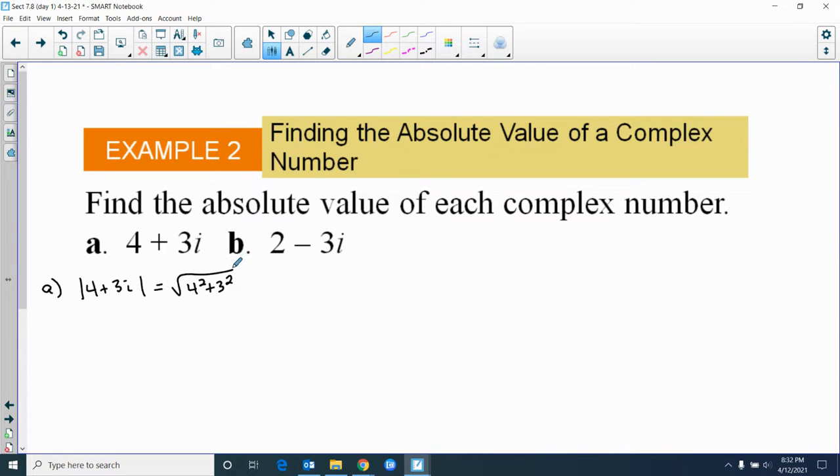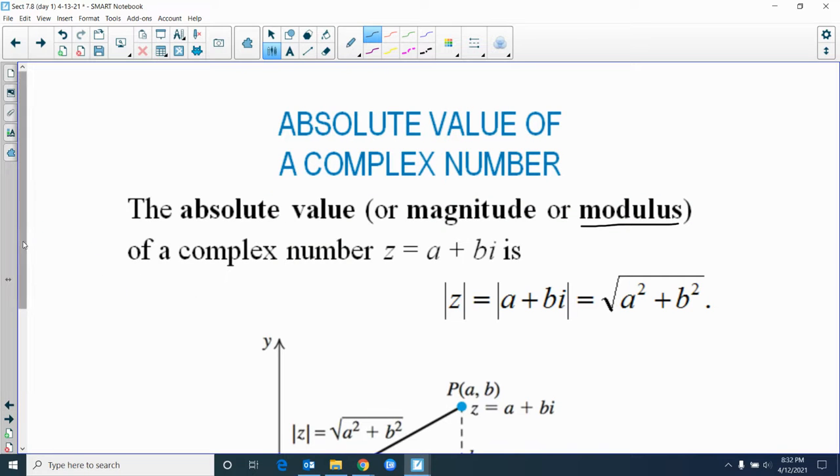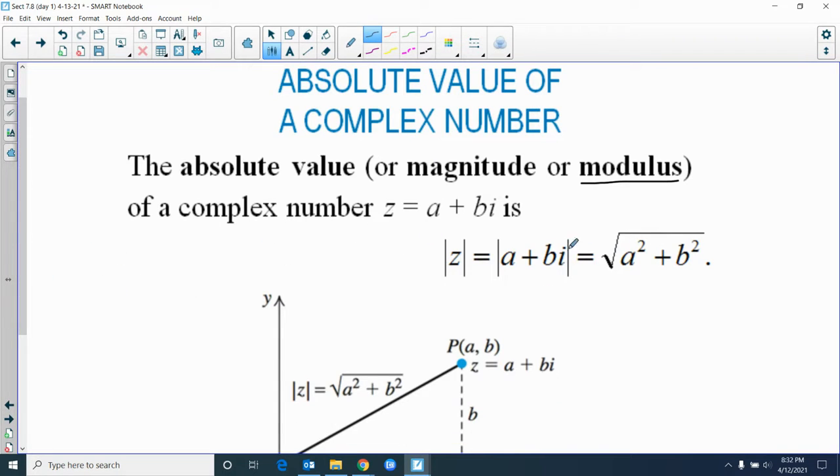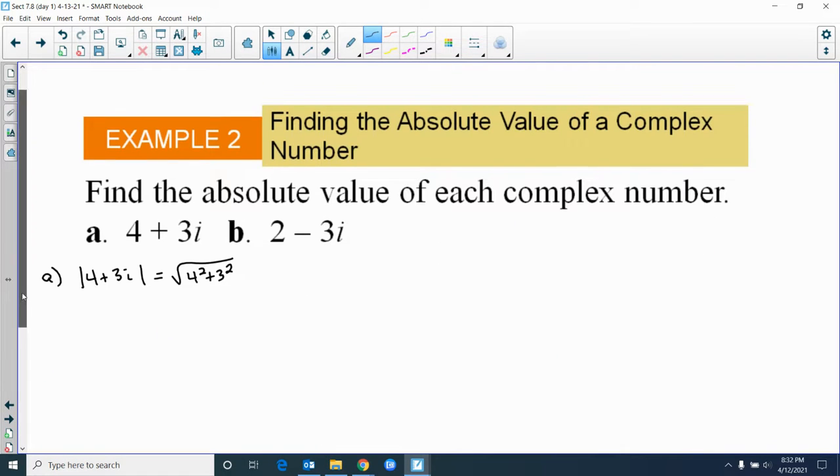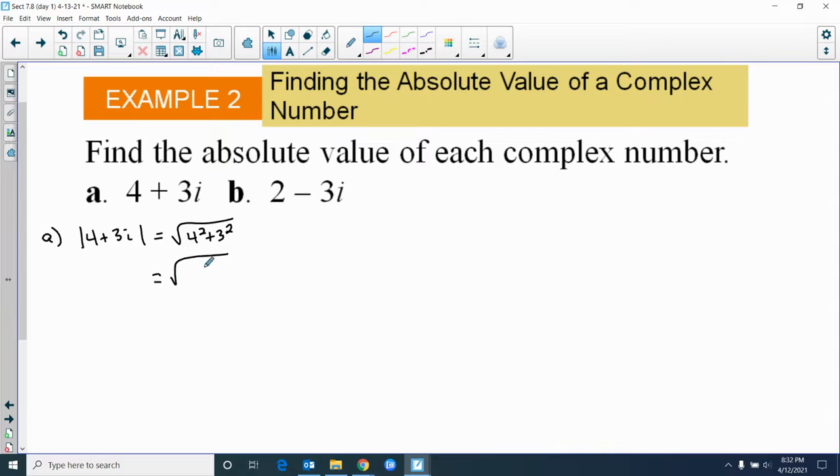Do not put the i there. If we go back for a second, it is just a squared plus b squared. We do not put the i because squaring that would end up changing the sign of that second part. It's going to be 16 plus 9, the square root of 25, which is 5. So the modulus, or absolute value, is 5.